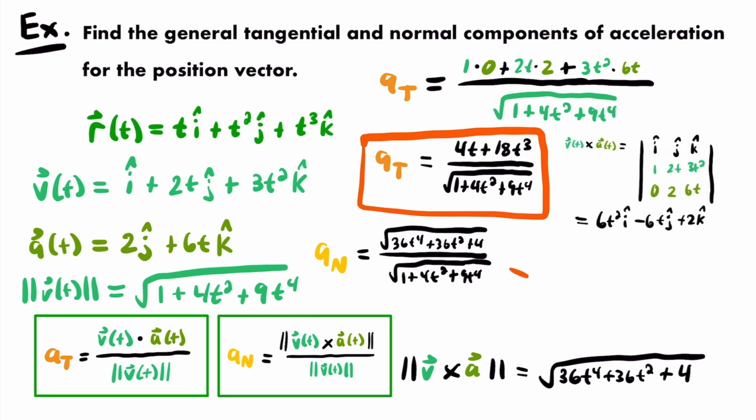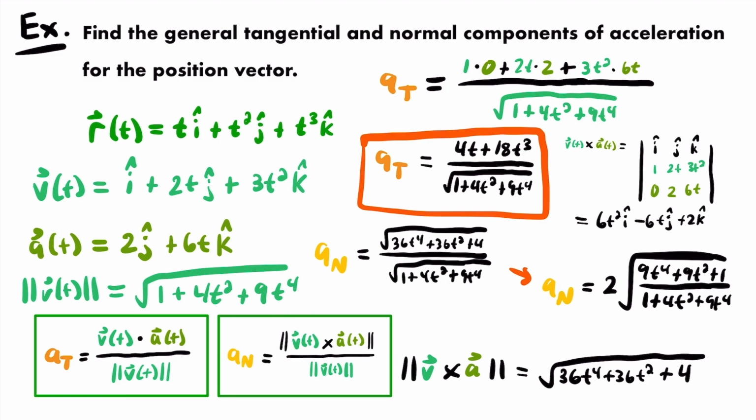The way that I will rewrite our normal component of acceleration is like this. We'll have that 2 on the outside times the square root of 9t to the power 4 plus 9t squared plus 1 divided by 1 plus 4t squared plus 9t to the power 4. All right, that is my final answer for the normal component of acceleration.